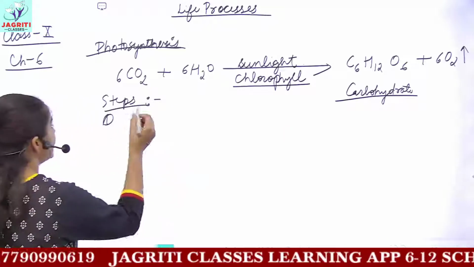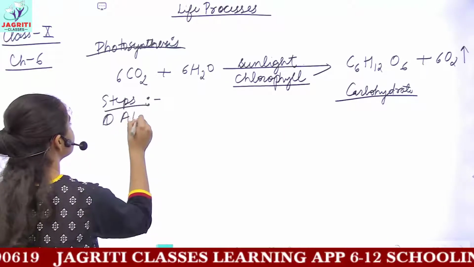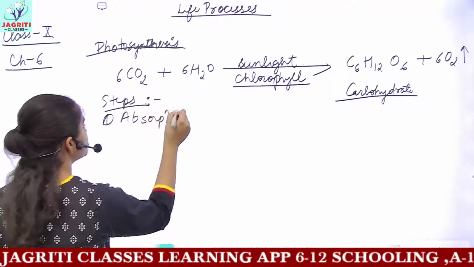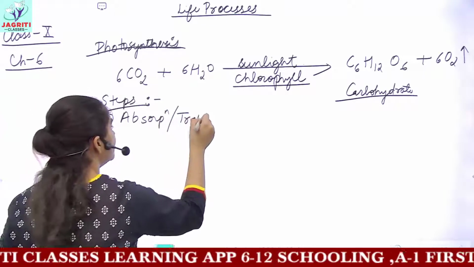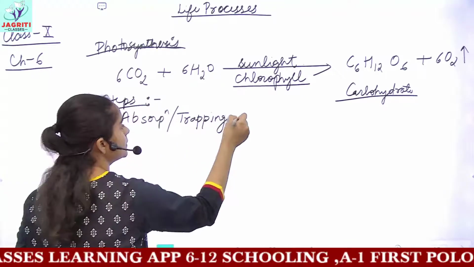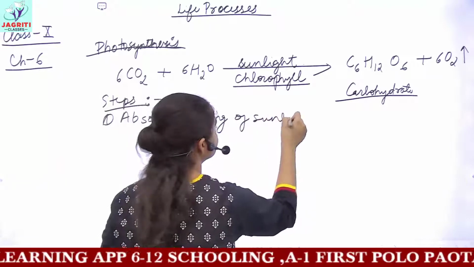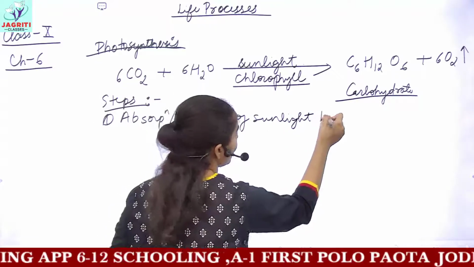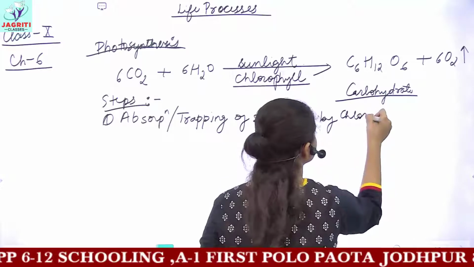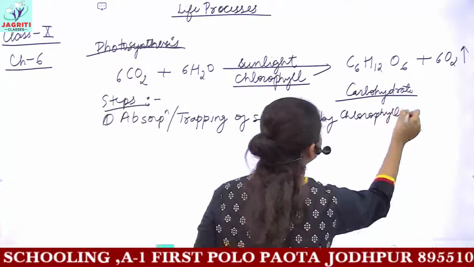So the first step in photosynthesis is the absorption or trapping of sunlight by chlorophyll.